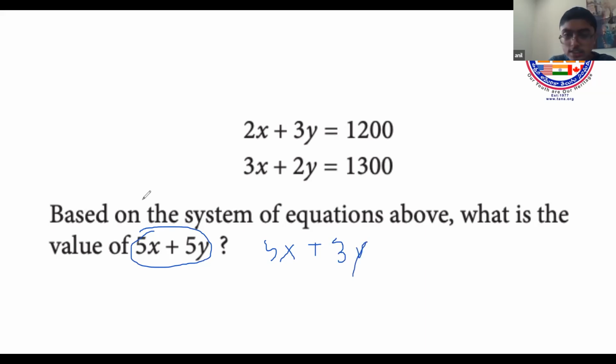For this one, you just add them together and you get 2,500. But for other problems, the way that they phrase the question is just different. So make sure to read the entire question before actually trying to solve it. A couple of times for these types of questions, I just solve the systems of equations, and then I find the X and Y, or just Y. I just think that's the answer. And that could trip you up.